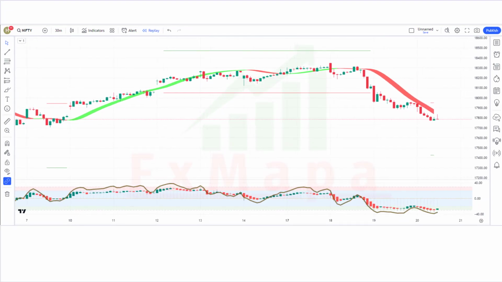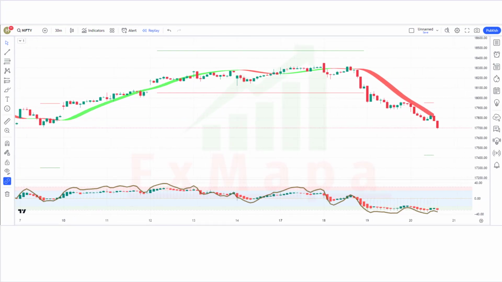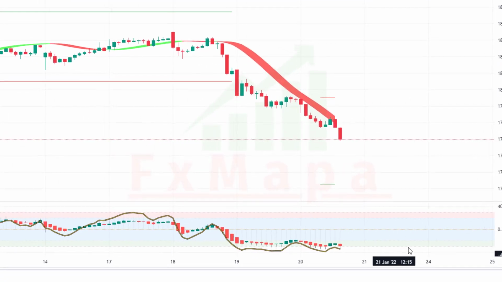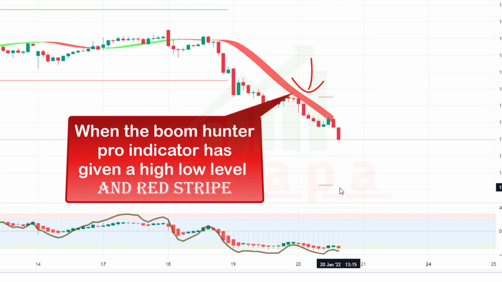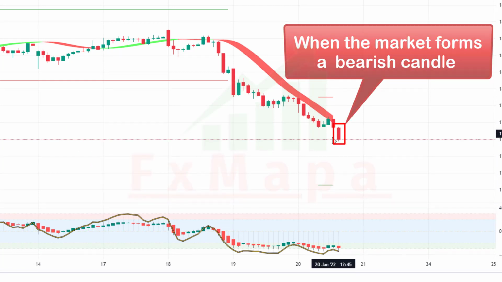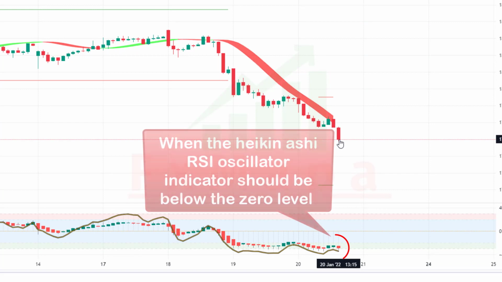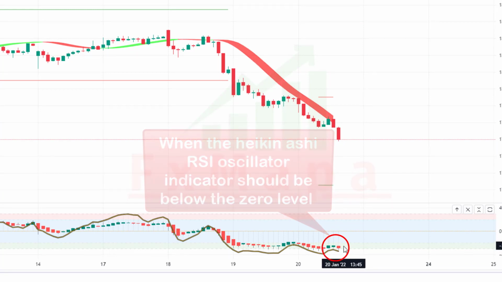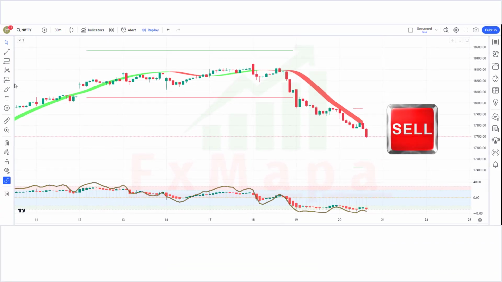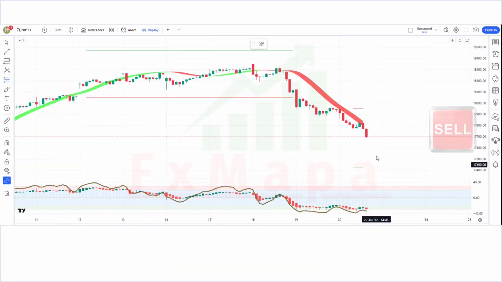Now, let's understand the concept where we will take buy and sell trades based on their conditions. When the Boom Hunter Pro indicator has given a high-low level and red stripe, when the market forms a bearish candle, and when the Heikin Ashi RSI oscillator indicator is below the zero level, if this condition is fulfilled, then we will place a sell order.